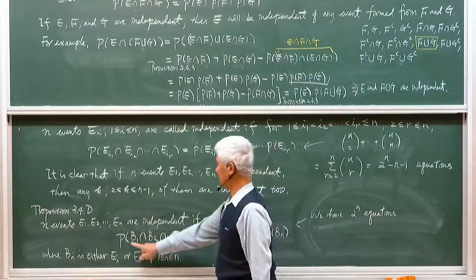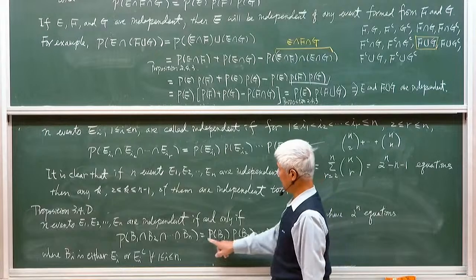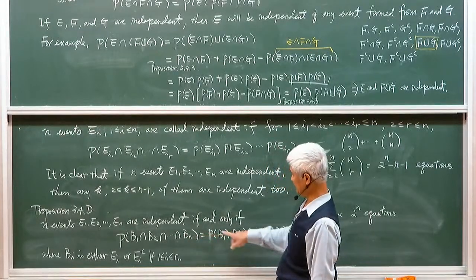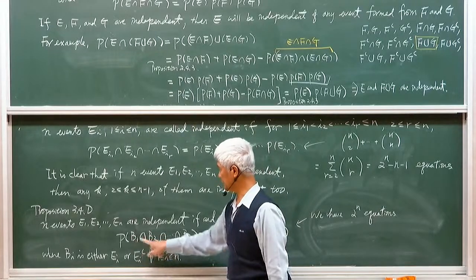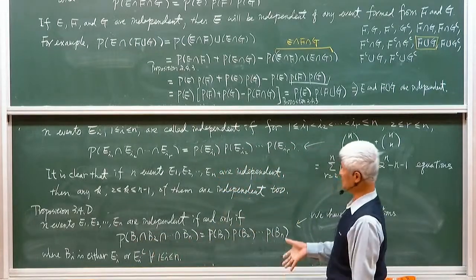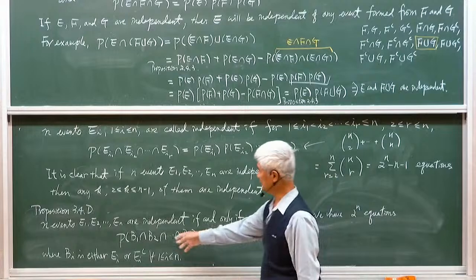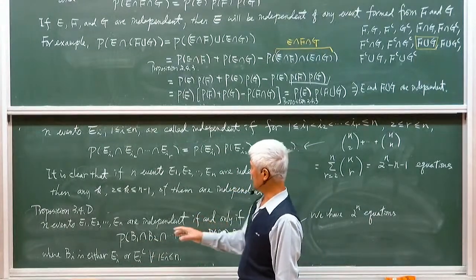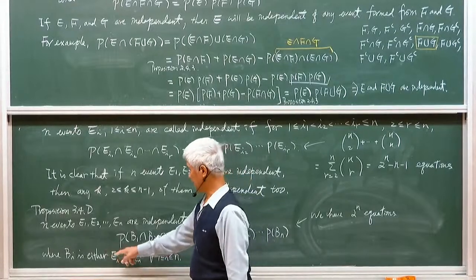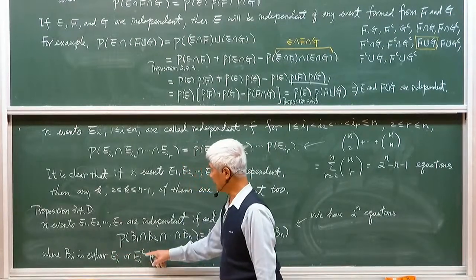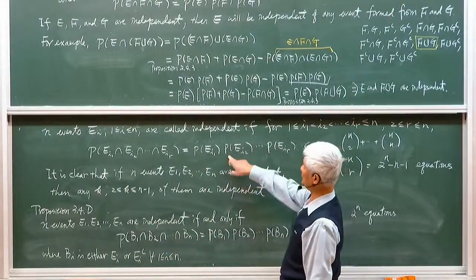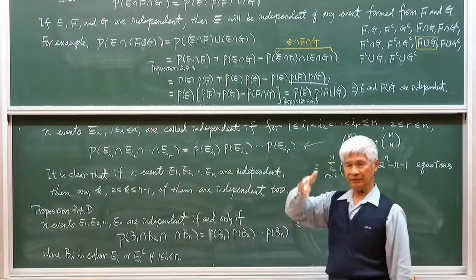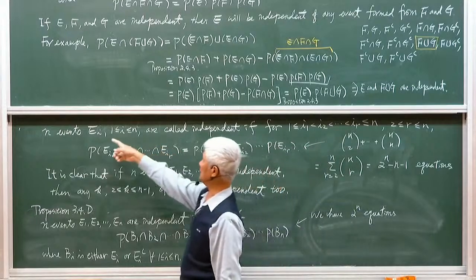But the important thing is that we have this nice identity here. Every time we consider n events, and the freedom is that for each i, we can select either Ei or the Ei complement, instead of the definition, which involves different numbers of events from the n events.